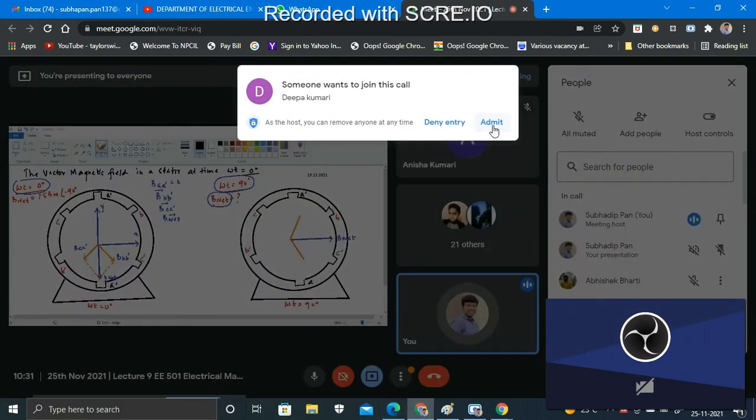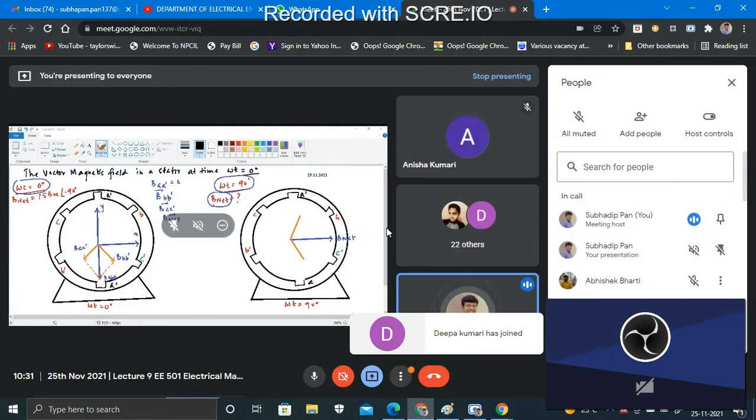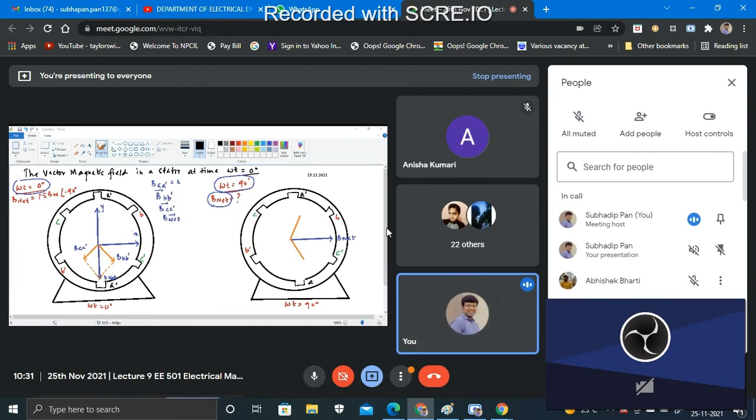So in yesterday's lecture, we discussed how to find the vector magnetic field in the stator at the time omega t equals 0. Today we will find out what the vector magnetic field will be at omega t equal to 90 degrees.